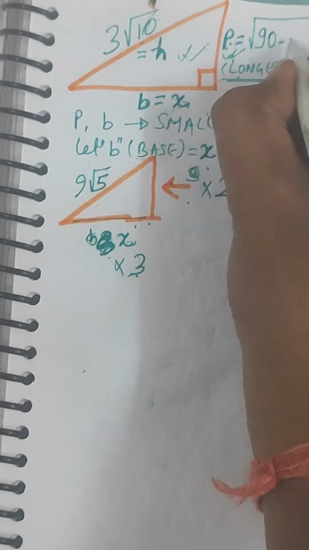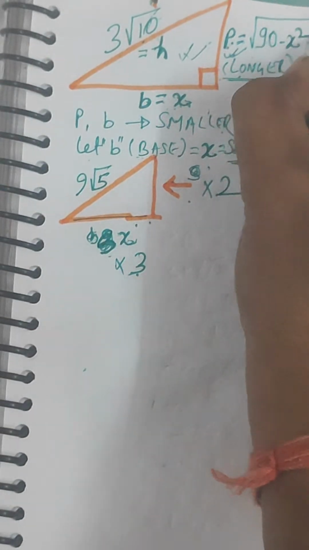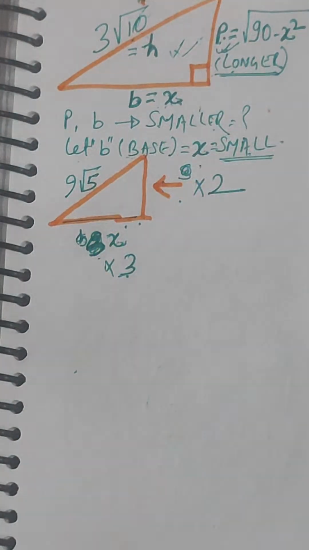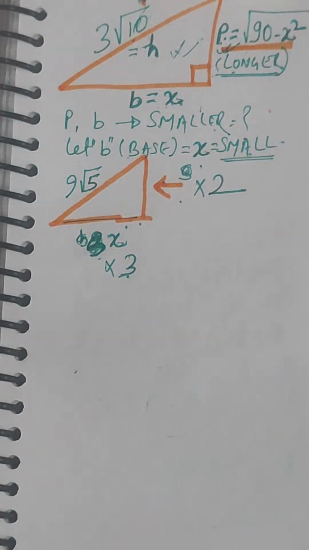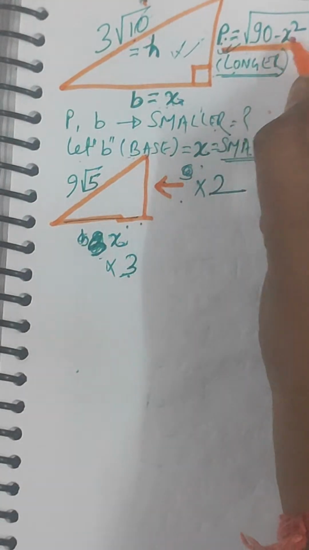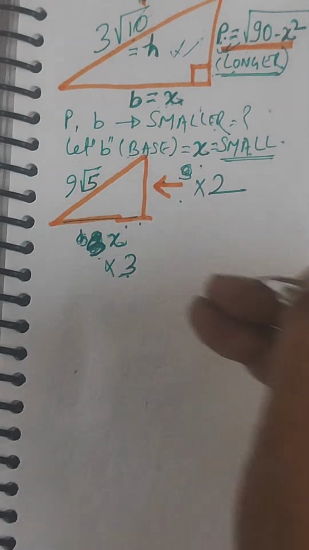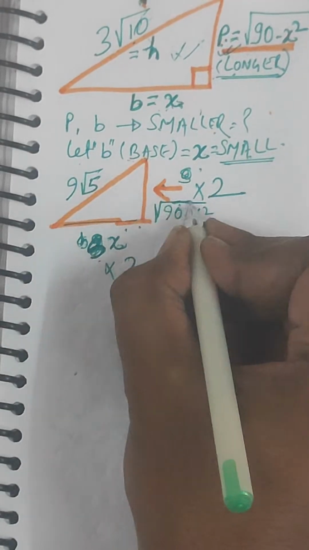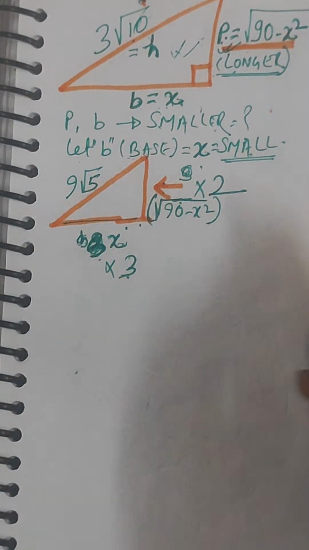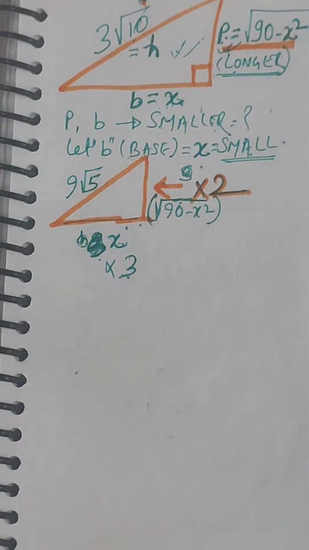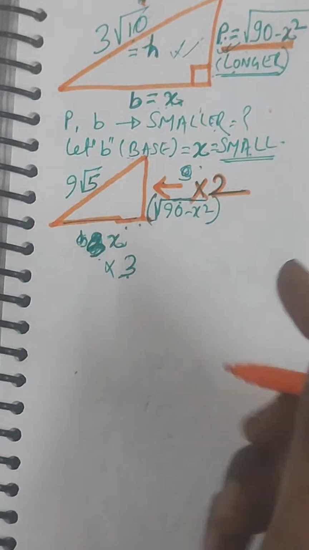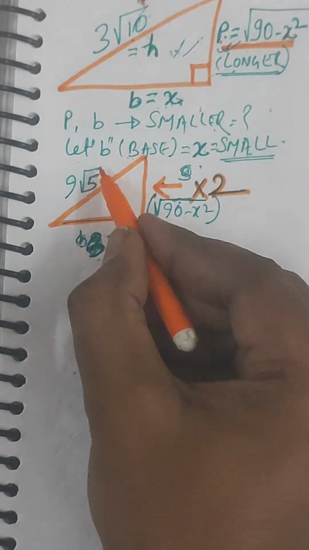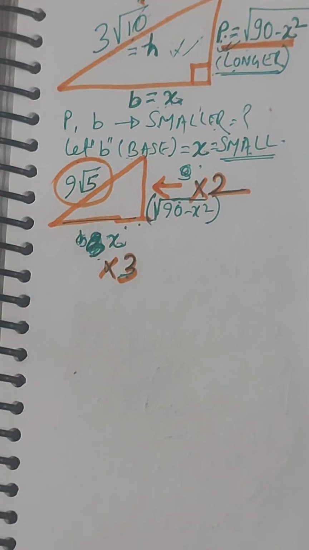So the length of the perpendicular is root over 90 minus x square. This is multiplied with 2 because the longer is doubled, and the smaller x is multiplied with 3. Then this hypotenuse 9 root 5 will be formed, right?